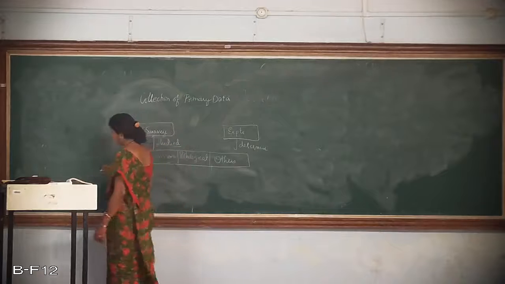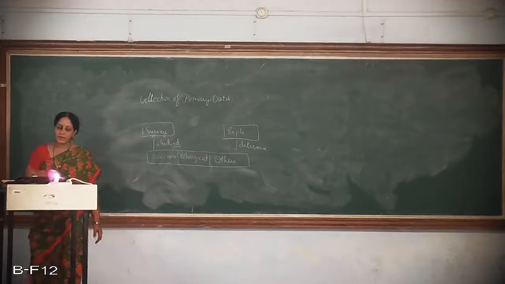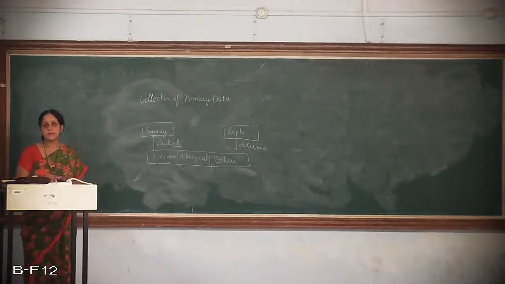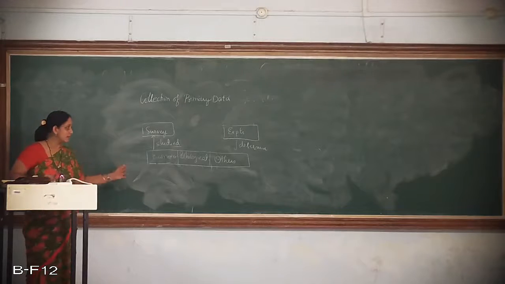Now when I talk about collection of primary data, here the data can be collected by doing some experiments, or it can be certain research. If it is experiment, then it becomes an experimental research, but if it is a descriptive type of research, then we can go for some simple sample survey methods in order to collect the primary data.